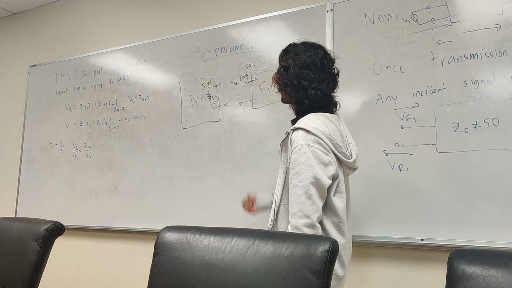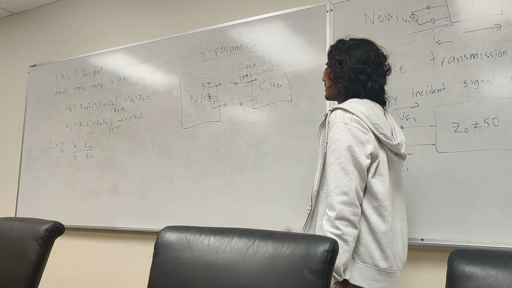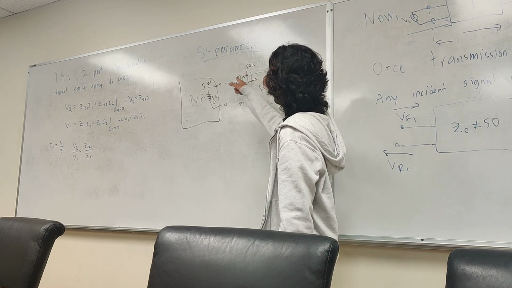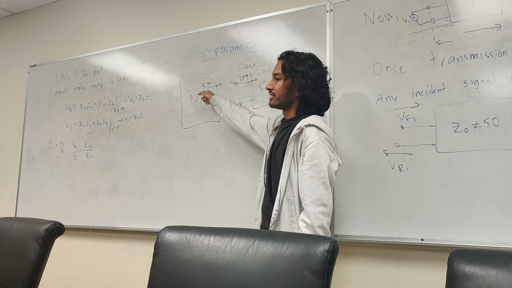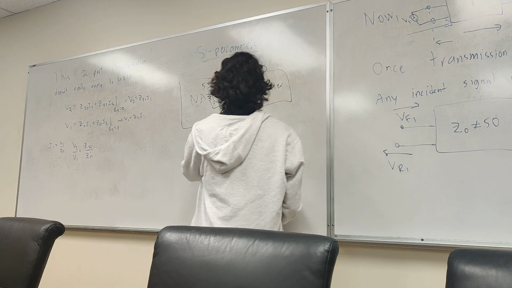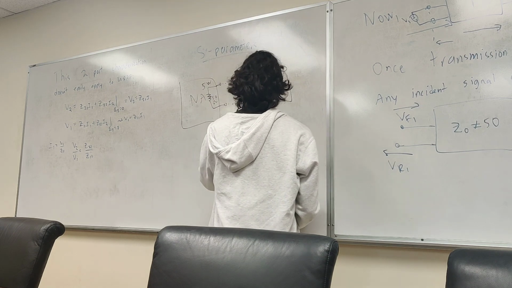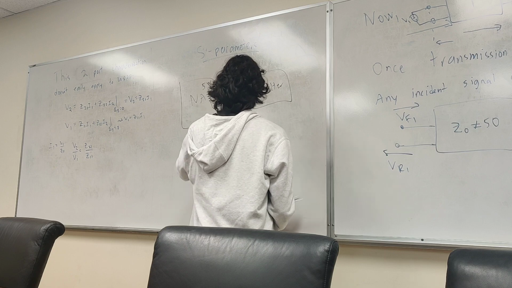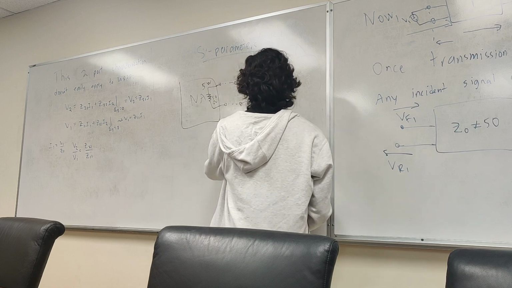What's going to happen is we can think of this as, we have some power here, some power here. This power is half of that power. So where does the other half go? We can think about this as another little voltage divider. So this is 50, this is 50.